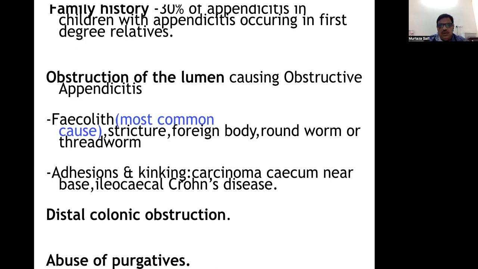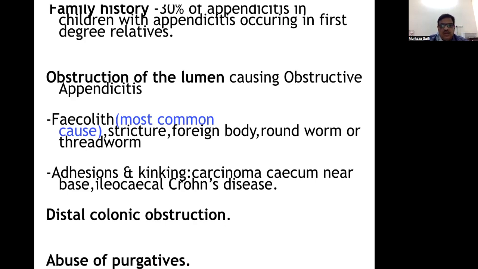Obstruction of lumen causes obstructive appendicitis, like fecolith can obstruct the lumen of the appendix. Stricture also can cause obstructive appendicitis. Foreign body, roundworm or threadworm can obstruct lumen of the appendix and cause appendicitis.